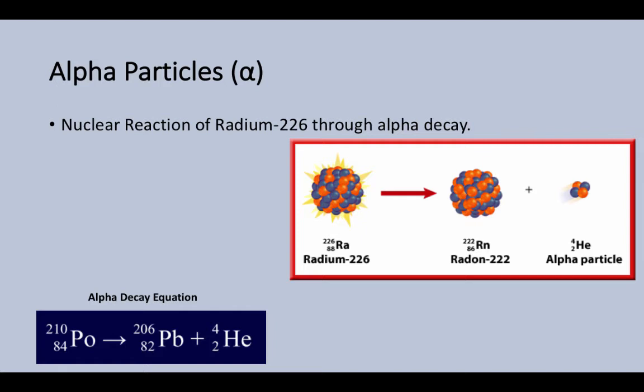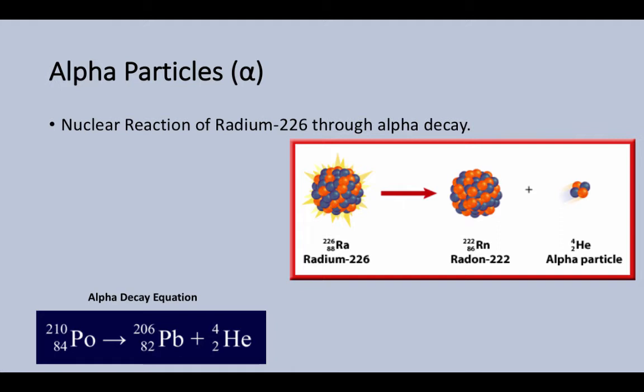You can see in the picture that radium goes from 226 down to 222, and that's its mass number. Because it's ejecting 2 protons and 2 neutrons, its mass number is going to be reduced by 4, and the atomic number, or the bottom number, goes from 88 to 86. That's because you only lost 2 protons. And then you also eject that helium alpha particle out of the nucleus.